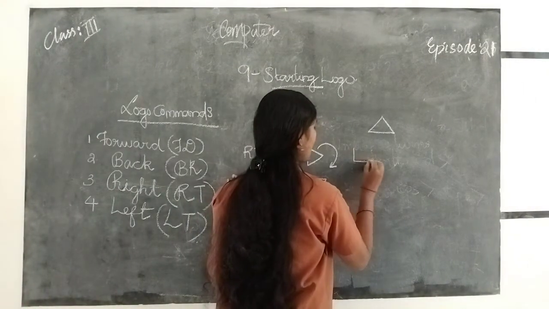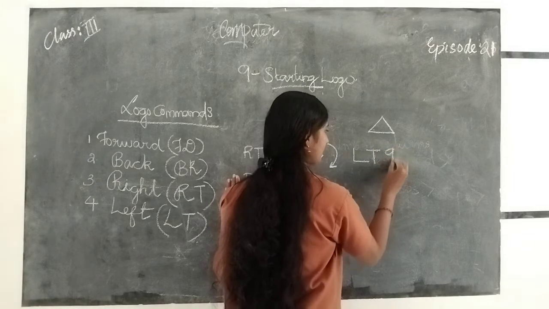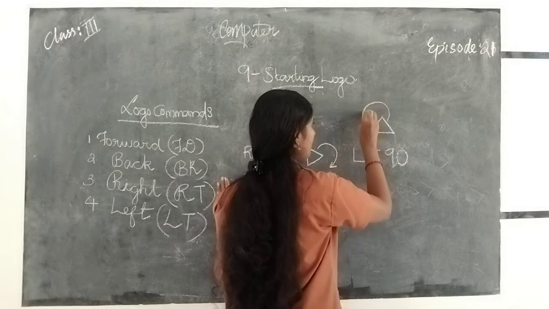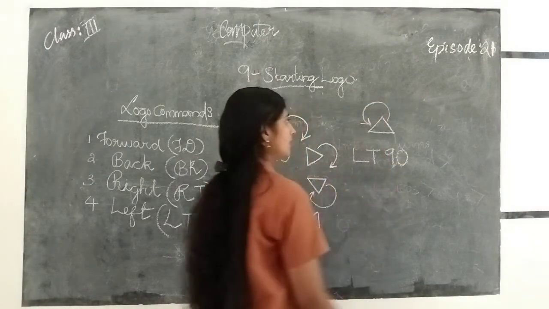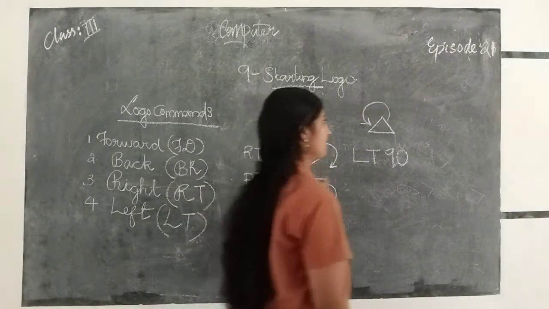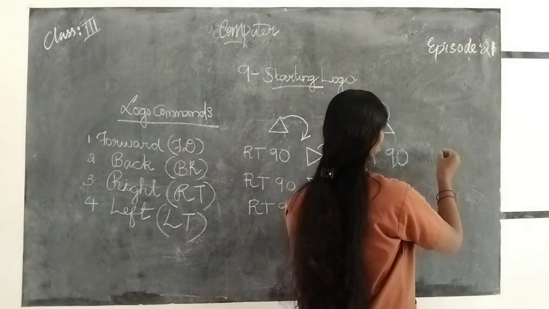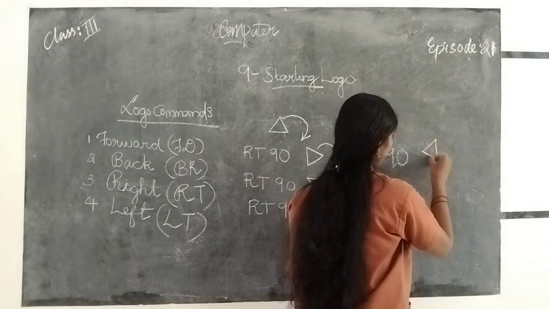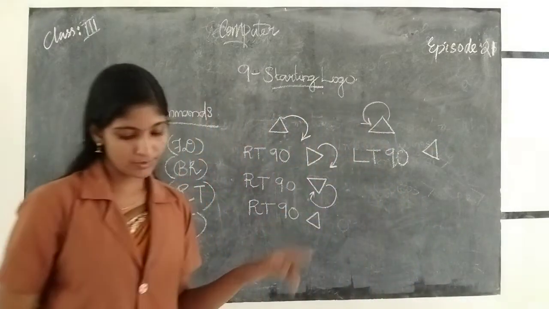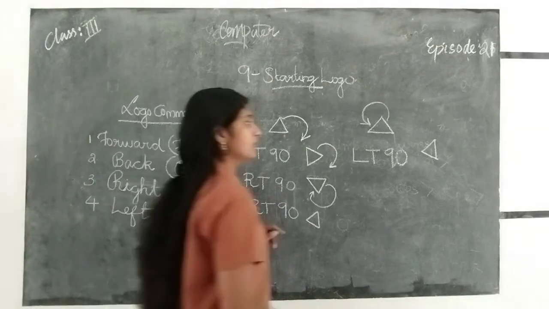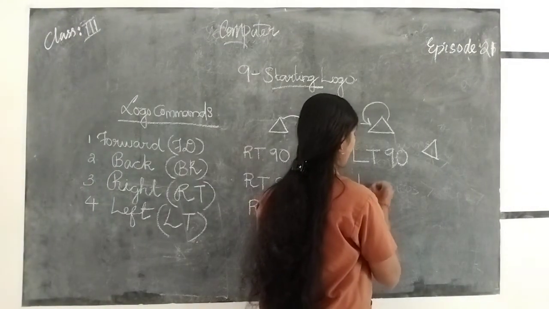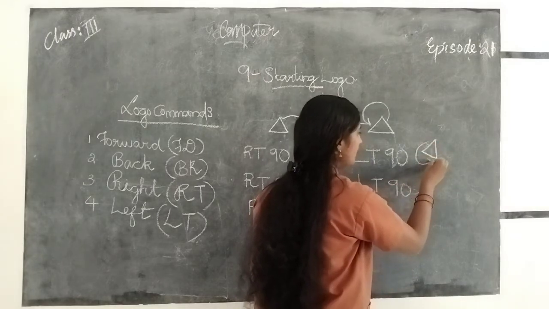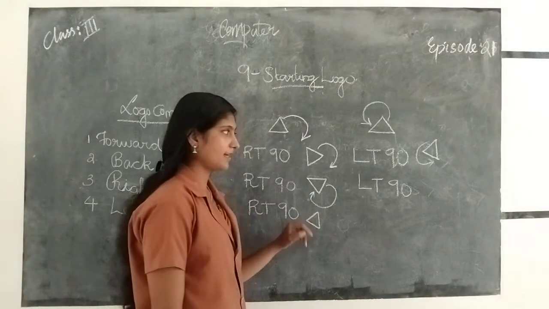If we apply LT 90 degrees, then what happens? This turtle will move to the left side direction with an angle of 90 degrees. So it looks like this. So this is left 90. Then again LT 90 means it will move to the left side direction with an angle of 90 degrees.